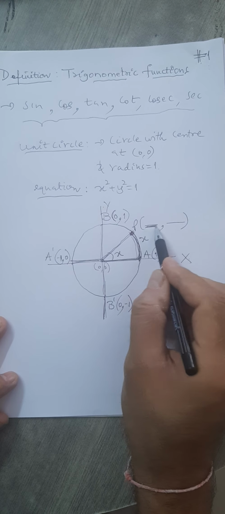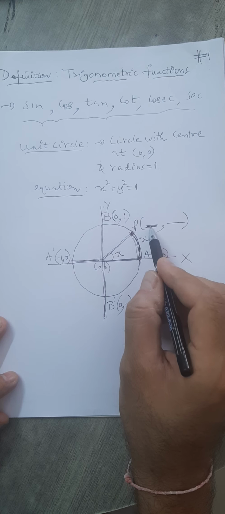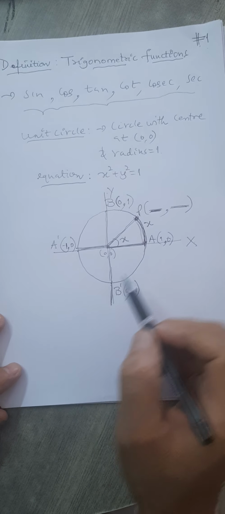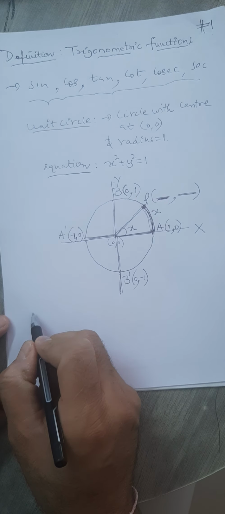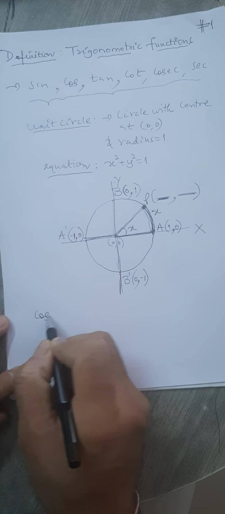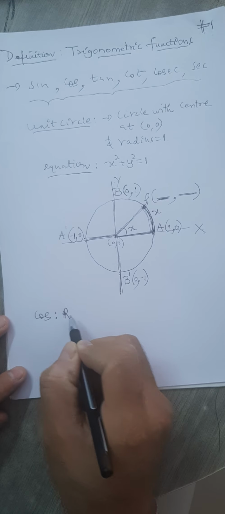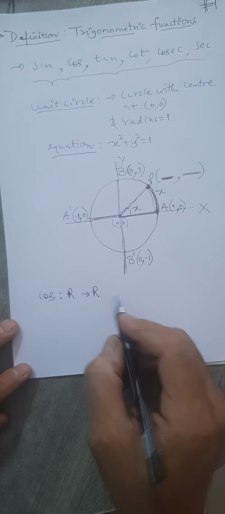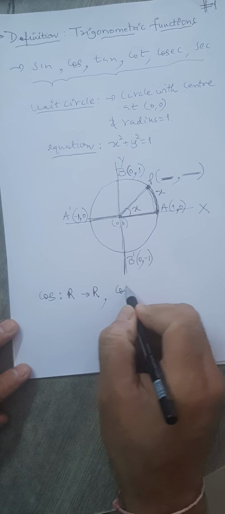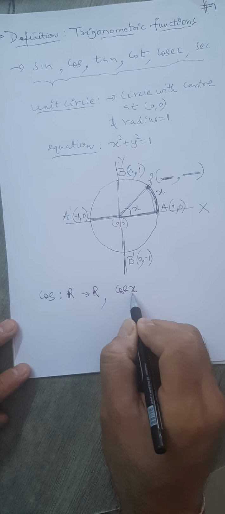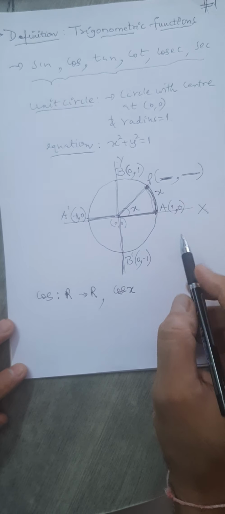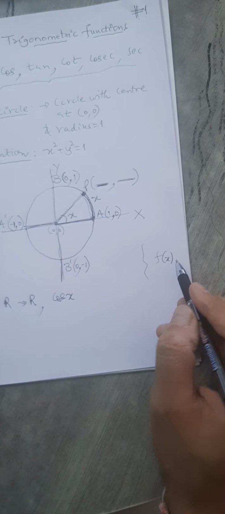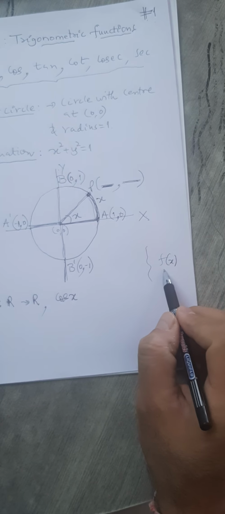So here the first coordinate, that is known as the cos function, and the second coordinate is known as the sine function. So I'll define in this way. For example, cosine is a function from real numbers to real numbers. We are defining in terms of functions now, remember. And cos x. So this is like a variable, this arc length. If you remember, in functions you used to write f of x. In functions, we used to write f of x.